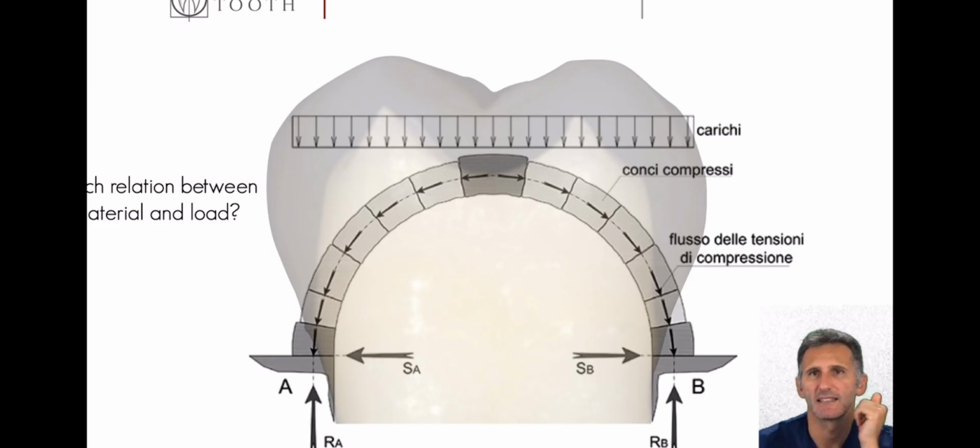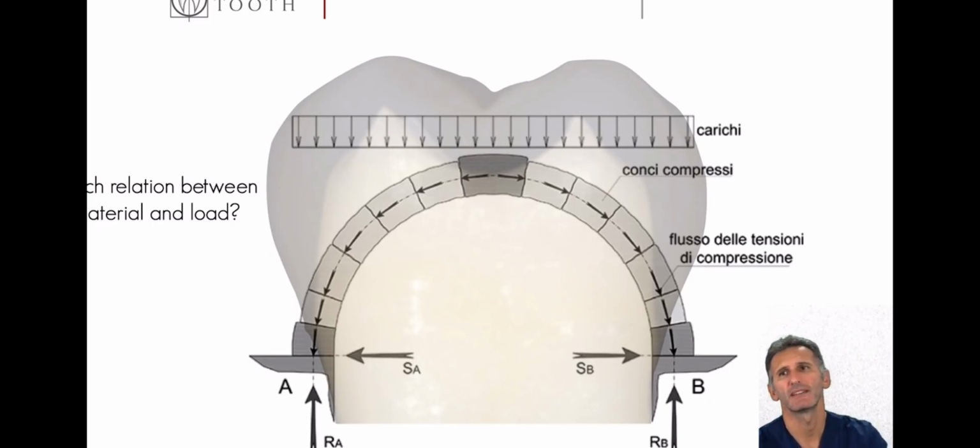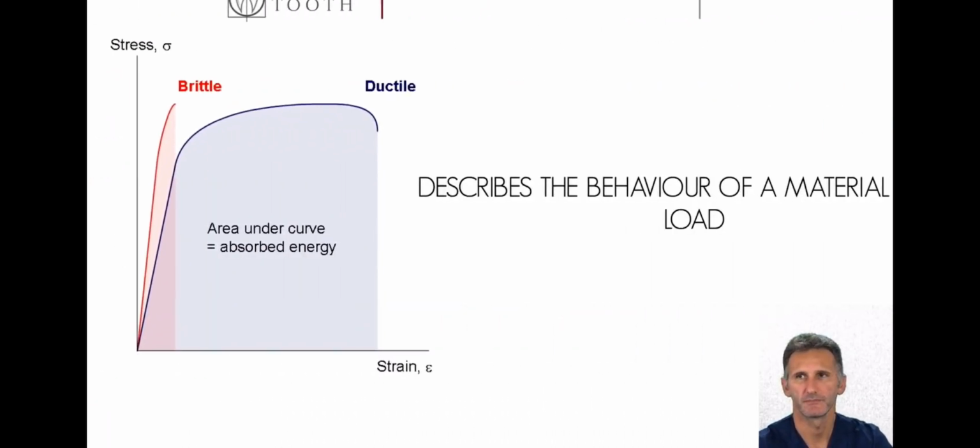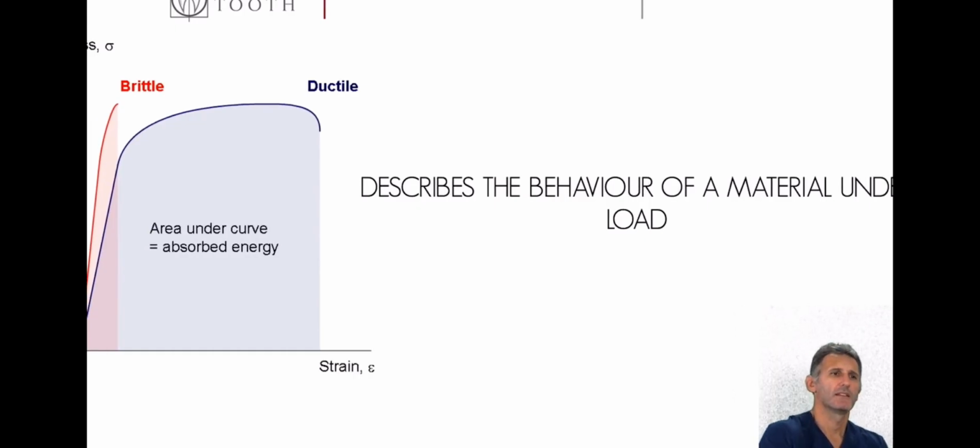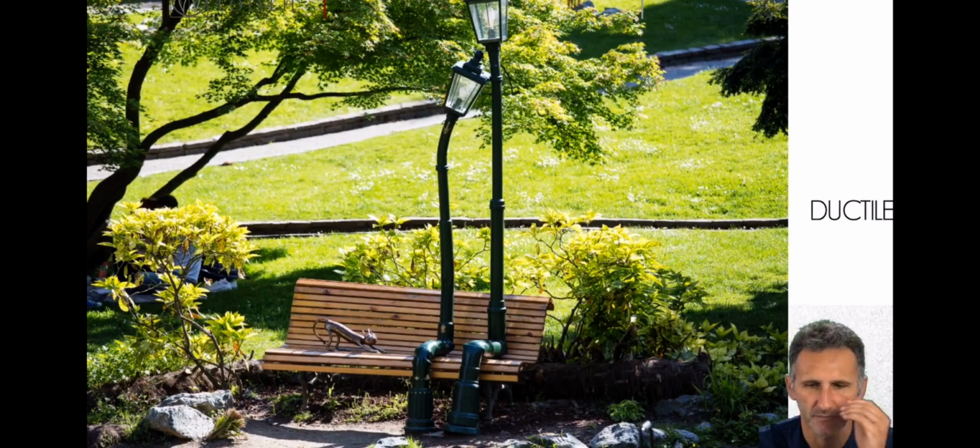So we have to understand at this point the relation between the material and the load. This relation is described, firstly, by understanding the inner features of the material. We can divide, simplifying the concept, materials into two big families: brittle materials and ductile materials. What is the difference?